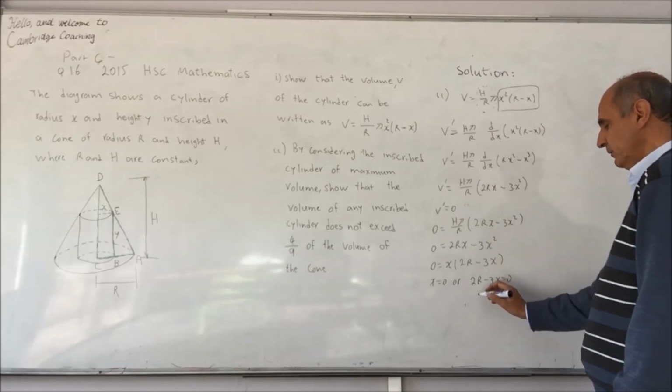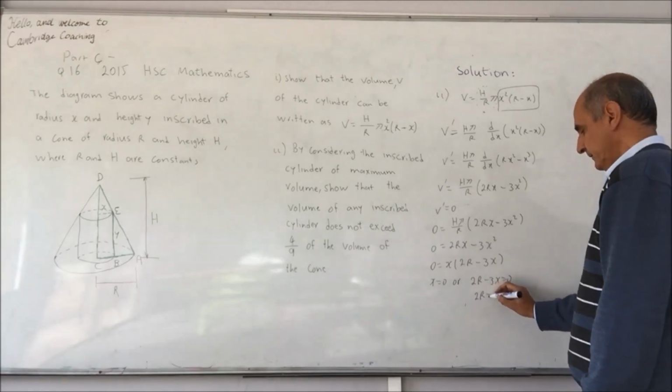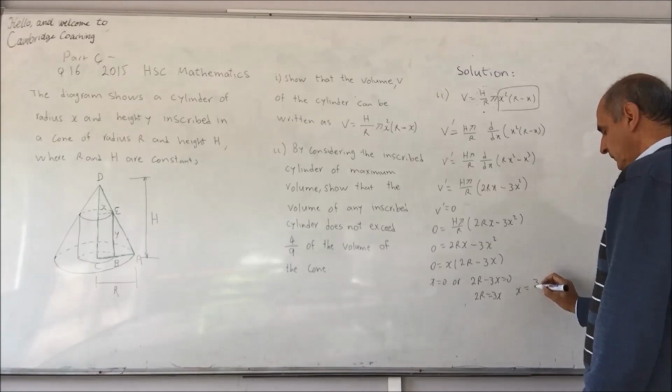So x is equal to 0 or the bracket is equal to 0. From this equal to 0, you get 2r is equal to 3x, and x is equal to 2r on 3.